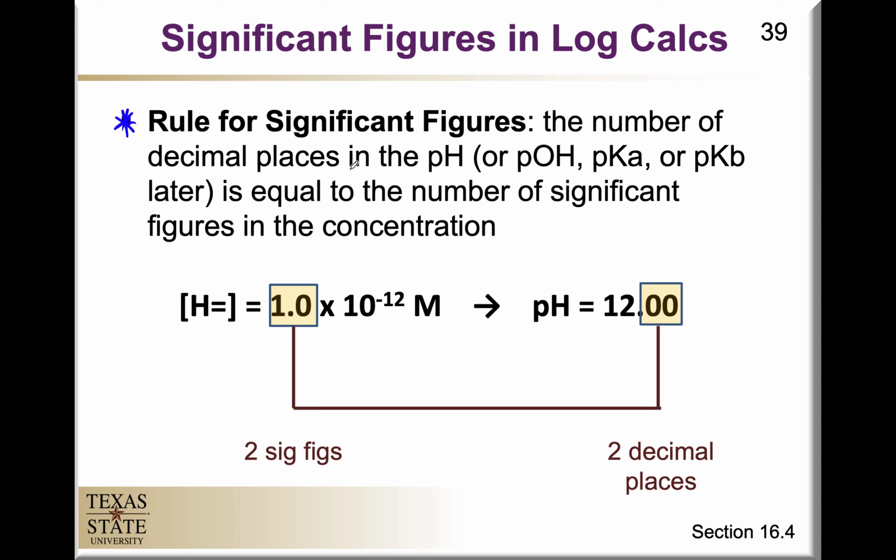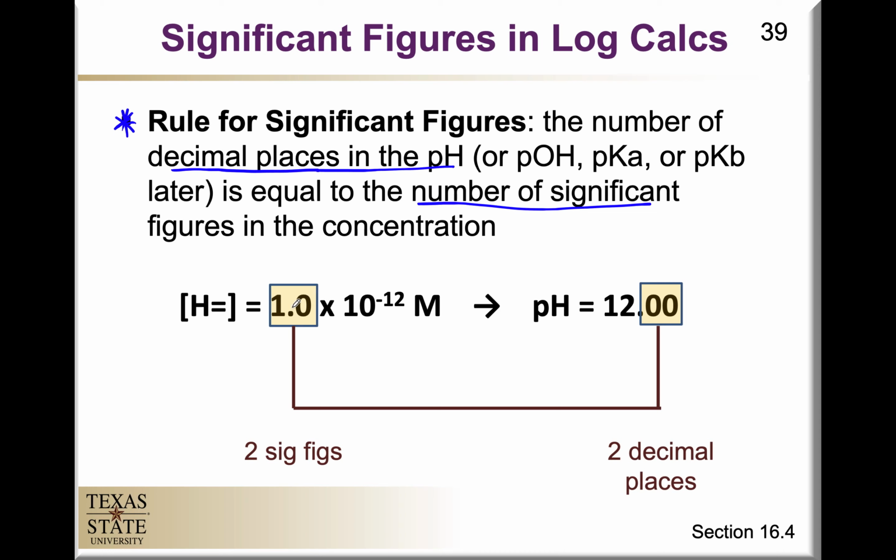The number of decimal places in the pH or the pOH or the pKa or pKb or pKw, which we will talk about later, is going to be equal to the number of significant figures in the concentration. So decimal places in the pH or pOH or pKa or p anything is going to be equal to the number of significant figures in the concentration.